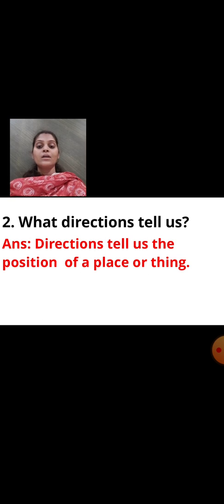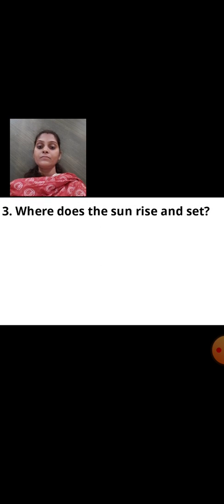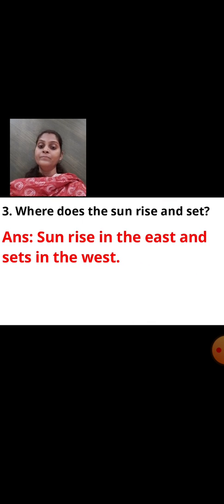Next question: Where does the sun rise and set? We all know the sun rises in the east and sets in the west. So how are you going to write the answer? The sun rises in the east and sets in the west.